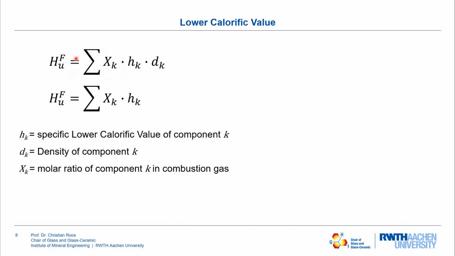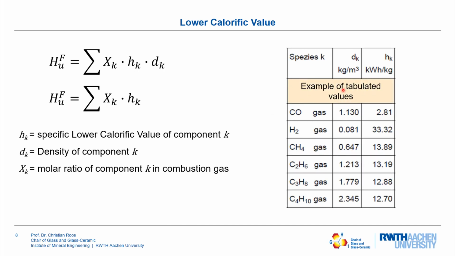And then you get the lower calorific value directly in terms of kilowatt hour per cubic meter, or you can directly multiply the specific lower calorific value of the respective component with the molar ratio of the component, and then you get the lower calorific value in terms of kilowatt hours per kilogram.